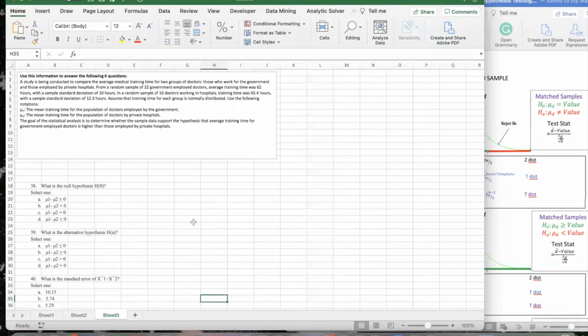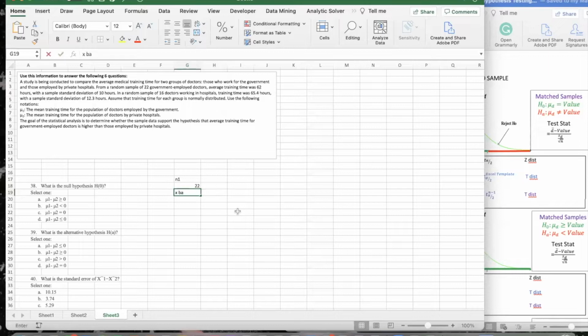All right. So before we get started, let's write out everything that is given to us in this question. So we have a random sample of 22. So we're going to call this N1. So N1 is 22. What else do we have? We have an average training time of 62.